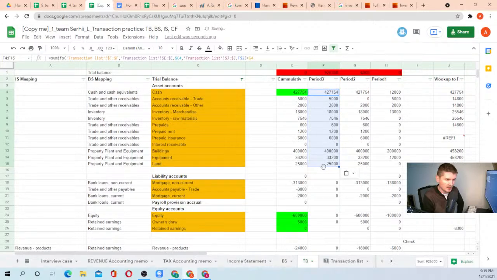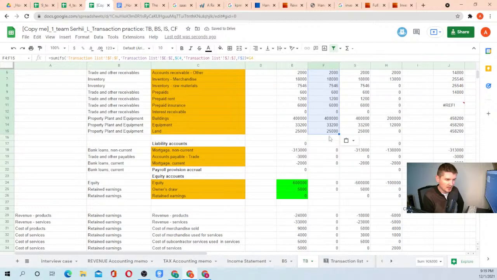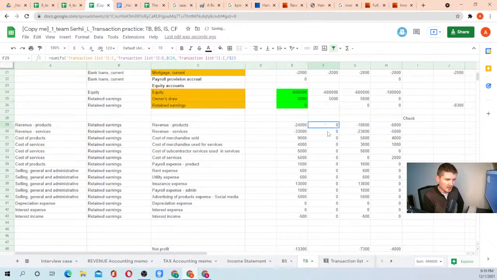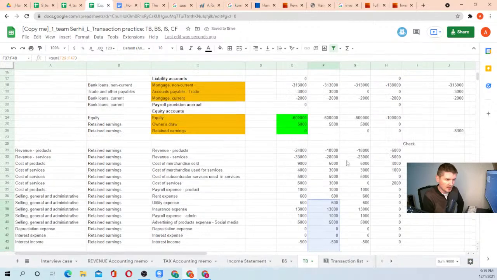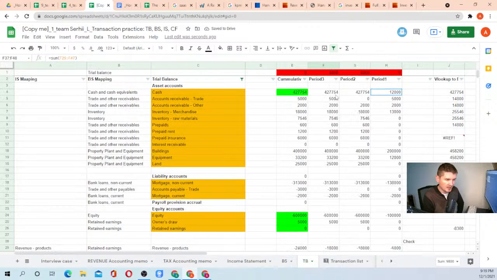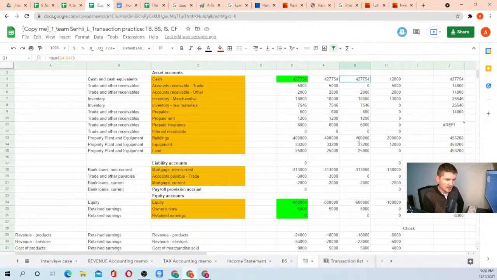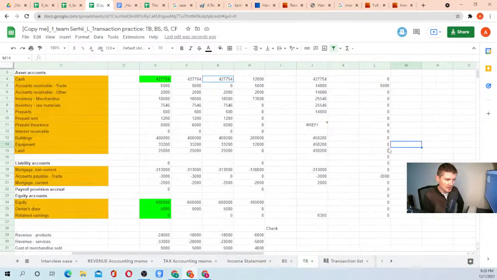Spreadsheet is a great tool. Okay, so we sum up here and income statement. Okay, let's see. We still got 4,000. Let's run a check.